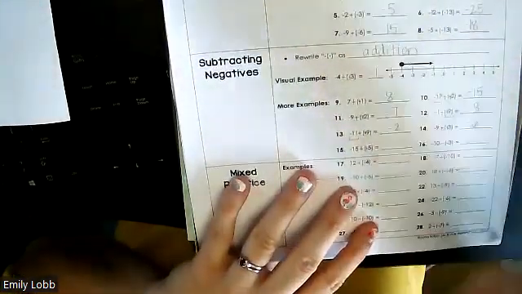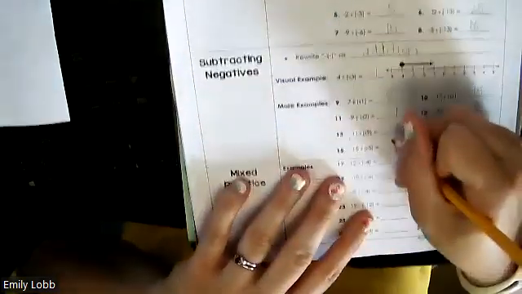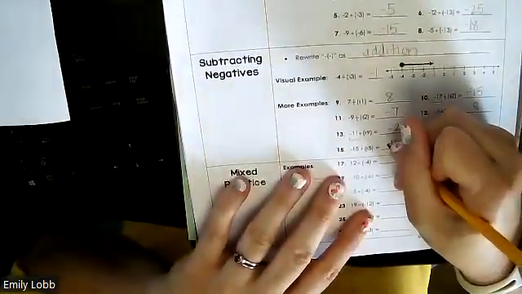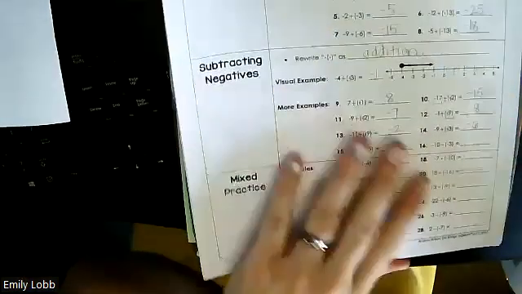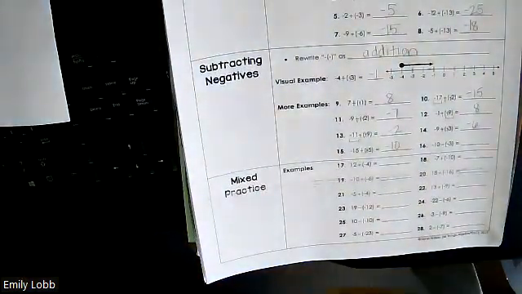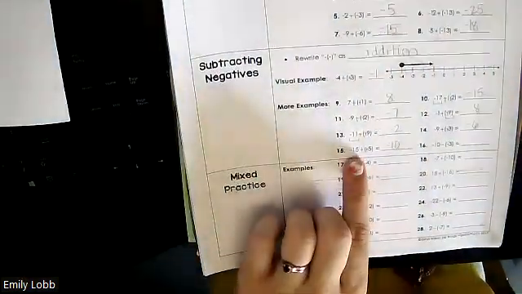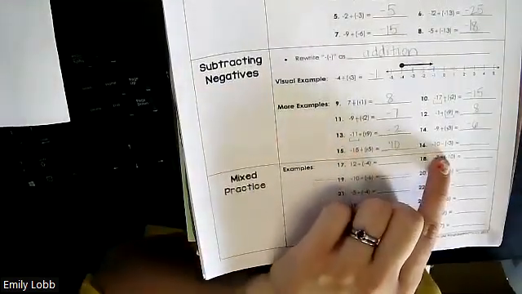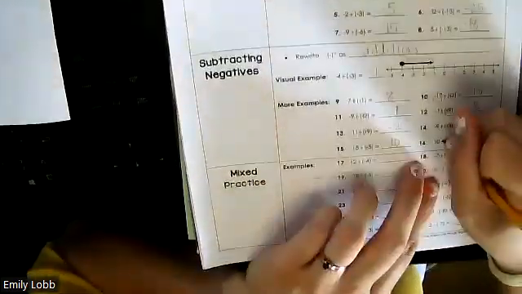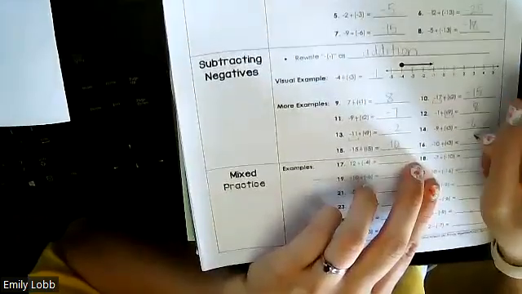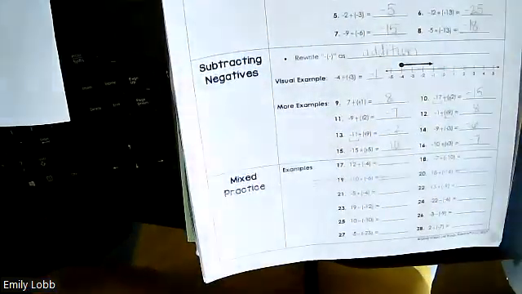Switch. 10, and it is negative. Careful with your subtraction. 15 minus 5 is 10. I have more negatives. Negative 7. Excellent. Negative 7, because I have more negatives.